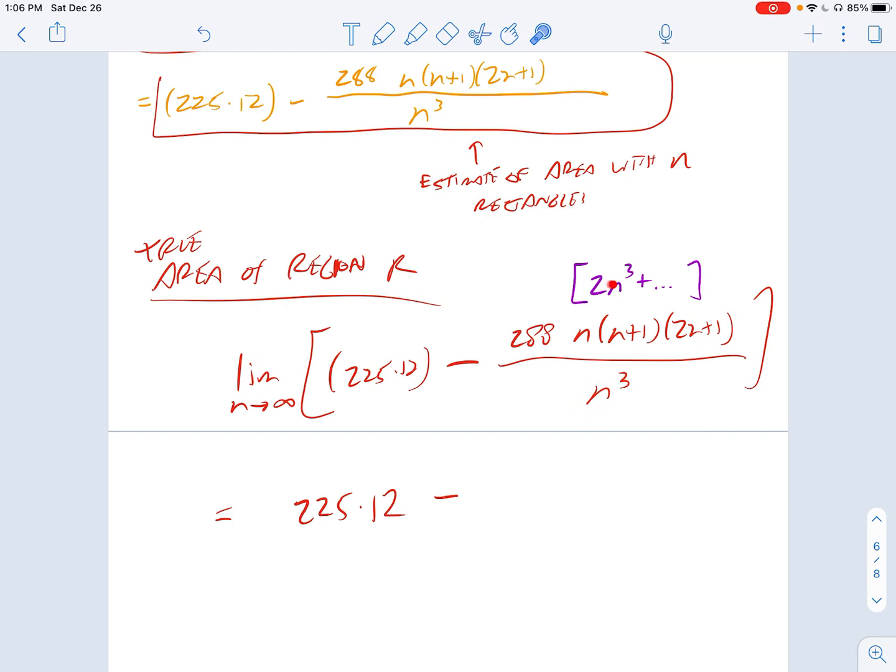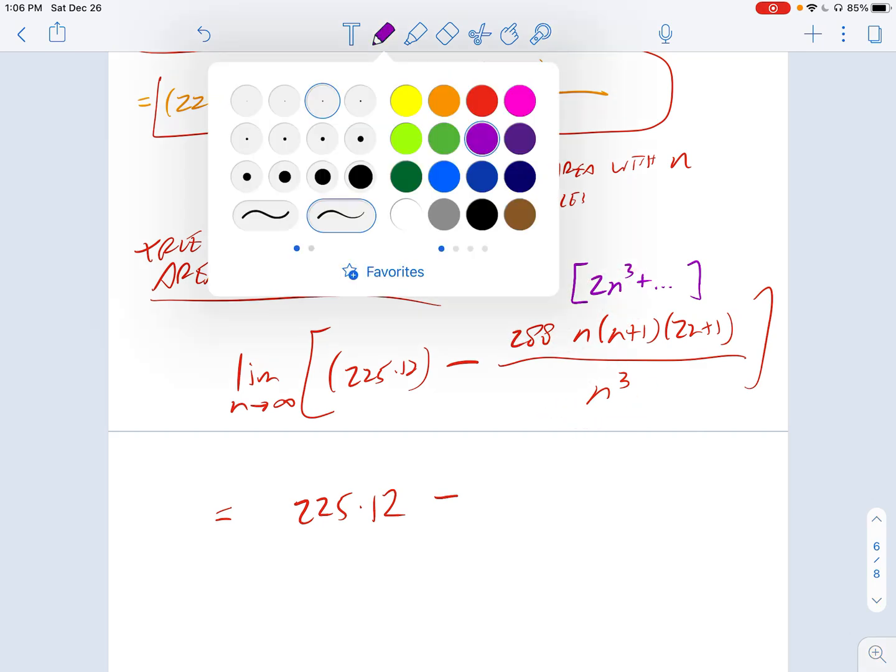So top and bottom have the same degree. Hopefully you remember the rule is we just cancel it off and look at the coefficients. So the top basically has 288 times 2n cubed. The bottom has n cubed. In the long run, all those other terms don't matter. And so the limit is just the coefficient for the top over the coefficient in the bottom. And that's 288 times 2.